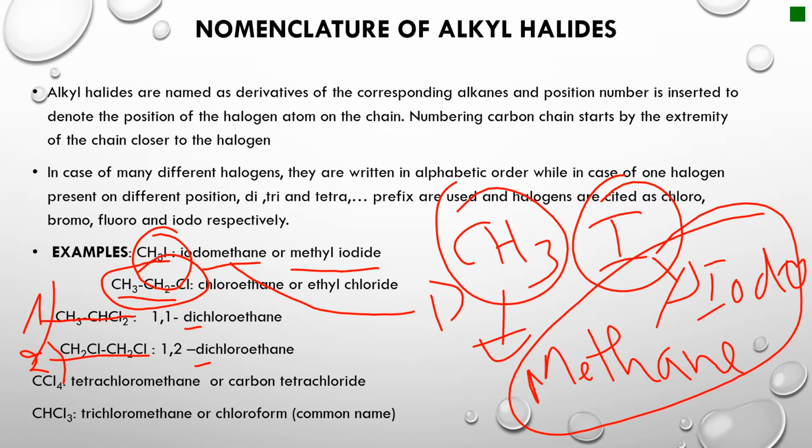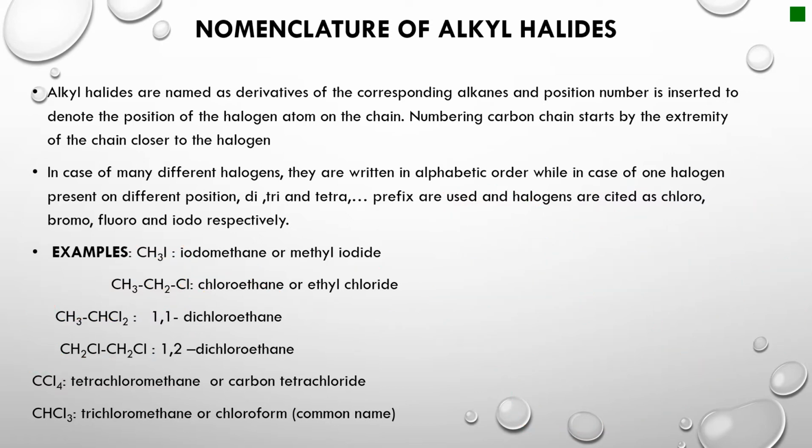For example, if you look at this molecule, chlorine can be either on the first carbon or on the second carbon, but when you number the chain, always it will be the same name.